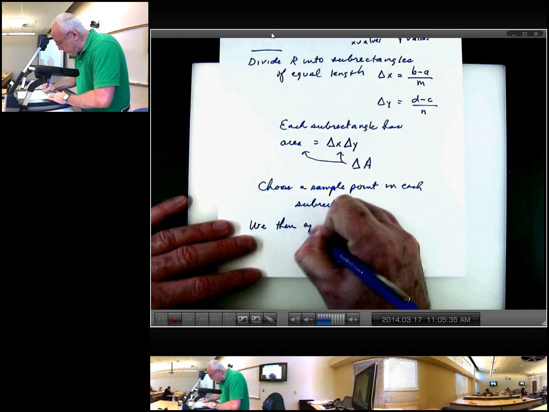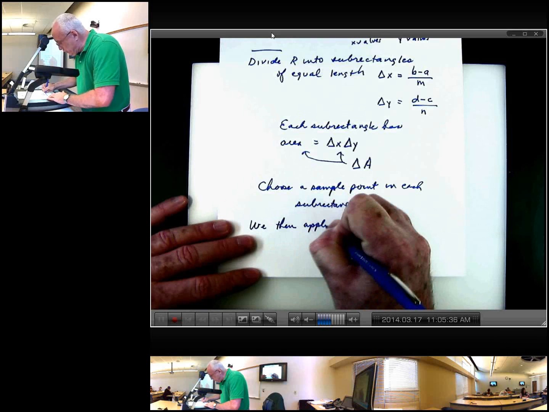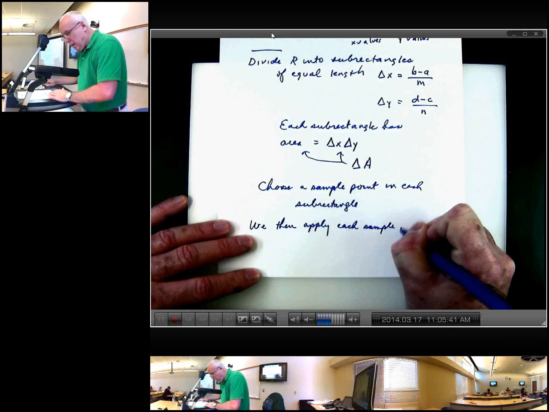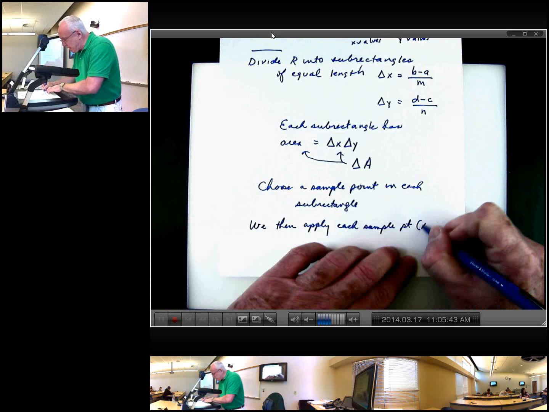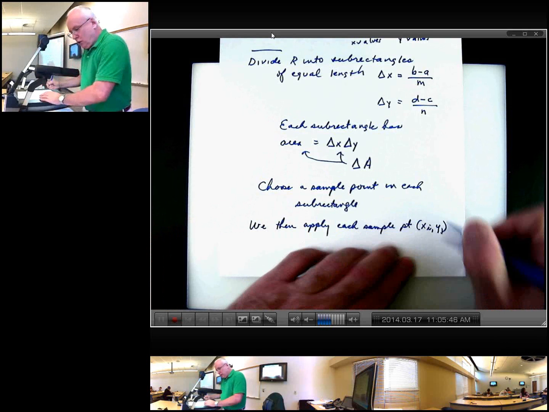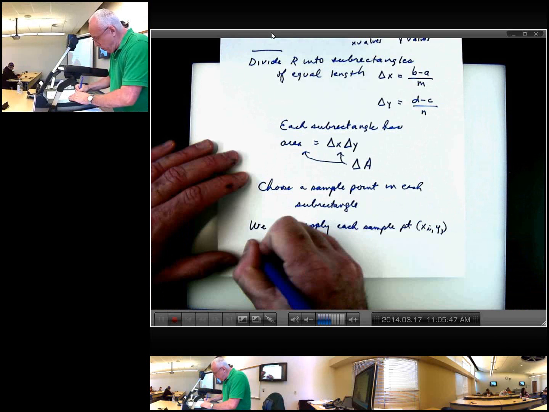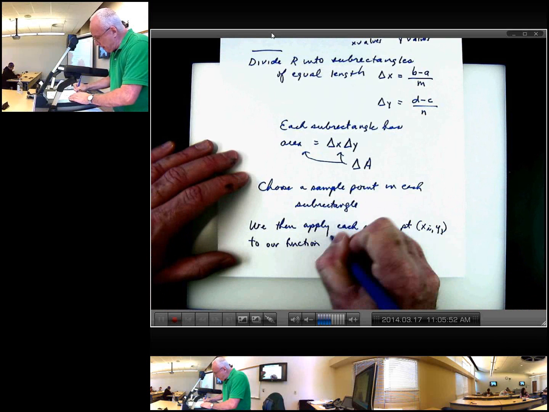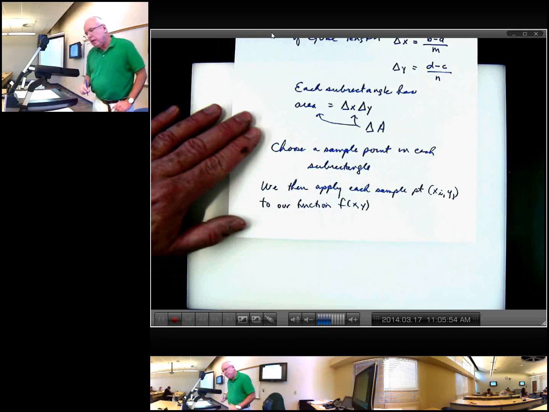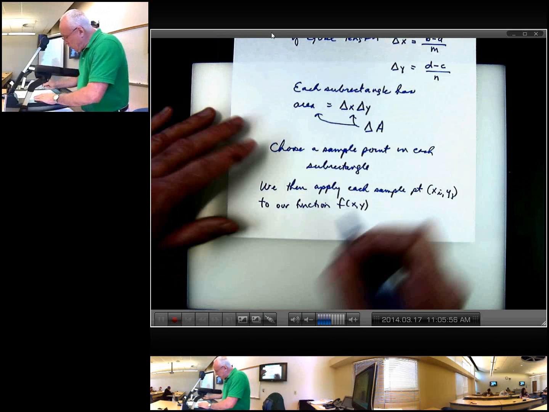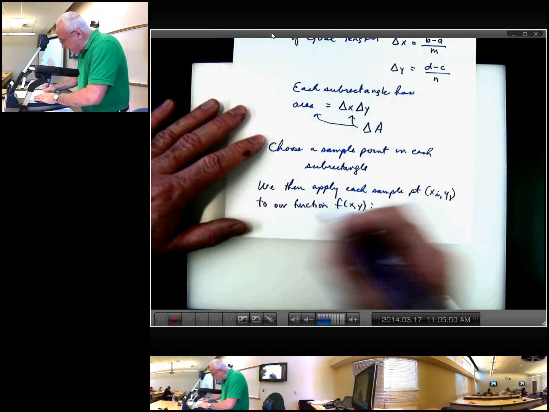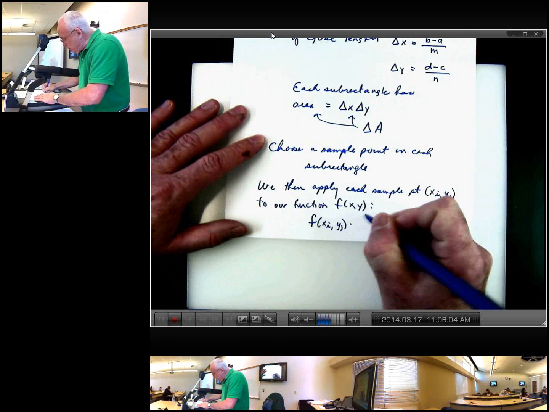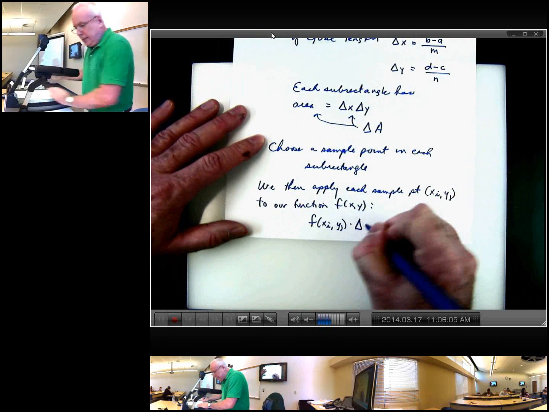We then apply each sample point, let's just call it x sub i, y sub j, to our function f of x, y. And so we get f at x_i, y_j, and we multiply it by the delta area.